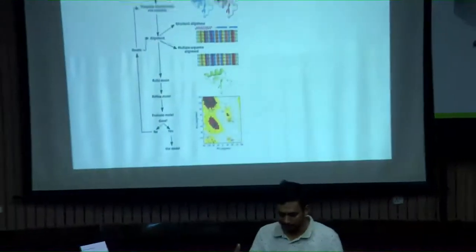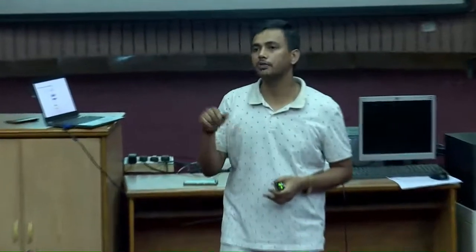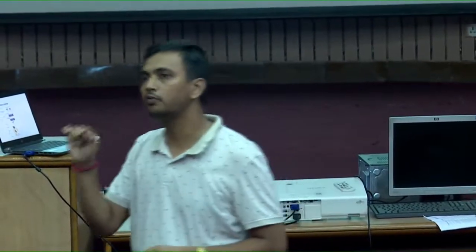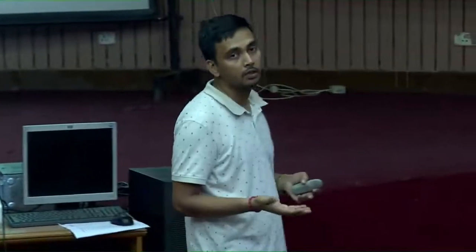Now the next step is the crucial step. After building the model comes the refinement of the model. There may not be complete similarity between your reference structure and target structure, so you have to manually identify the differences and do some refinement. There are several types of refinements, like loop refinement, and several algorithms to refine the model.